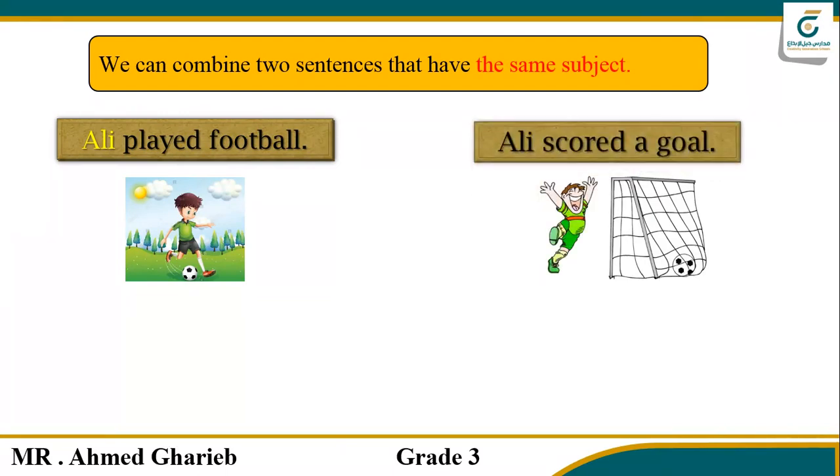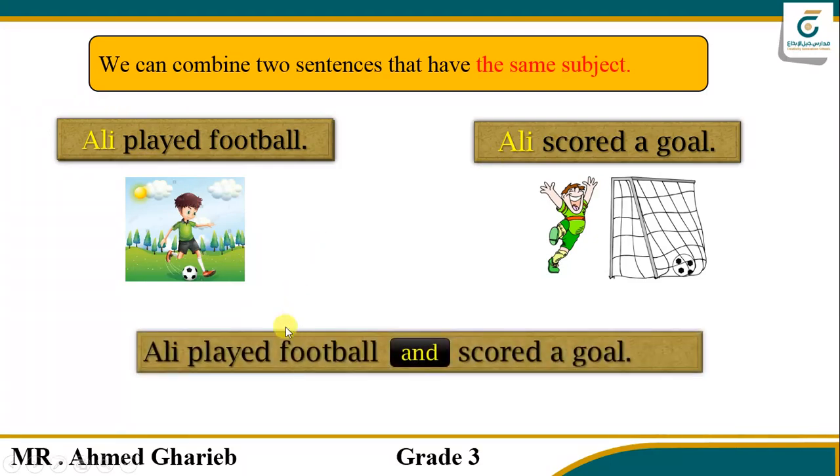Ali scored a goal. Where is the subject of the second sentence? It's also Ali. So as you see, the same subject in the two sentences is just one. It's Ali. If we have the same subject, we can combine the two sentences together. So we can say Ali played football and scored a goal.